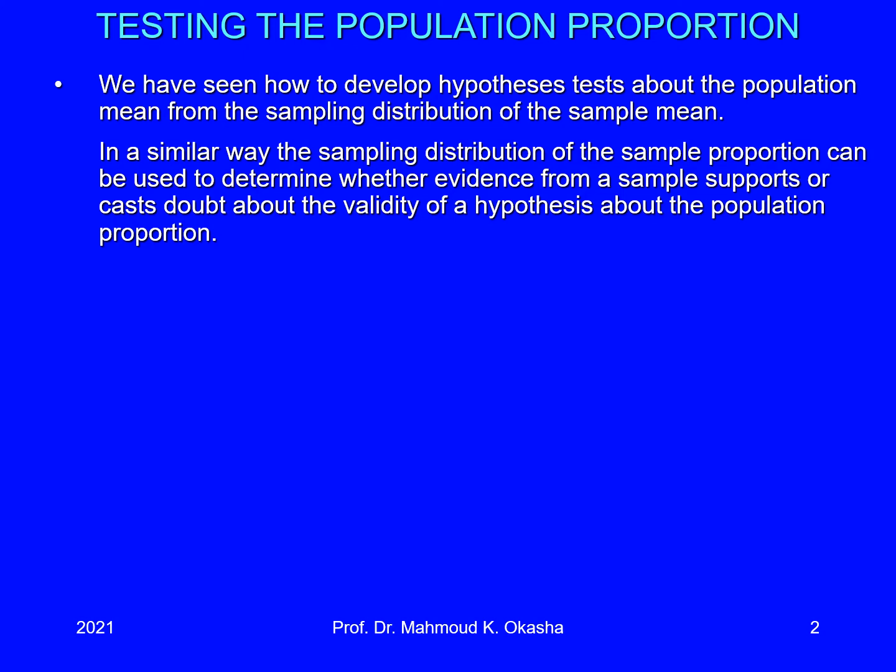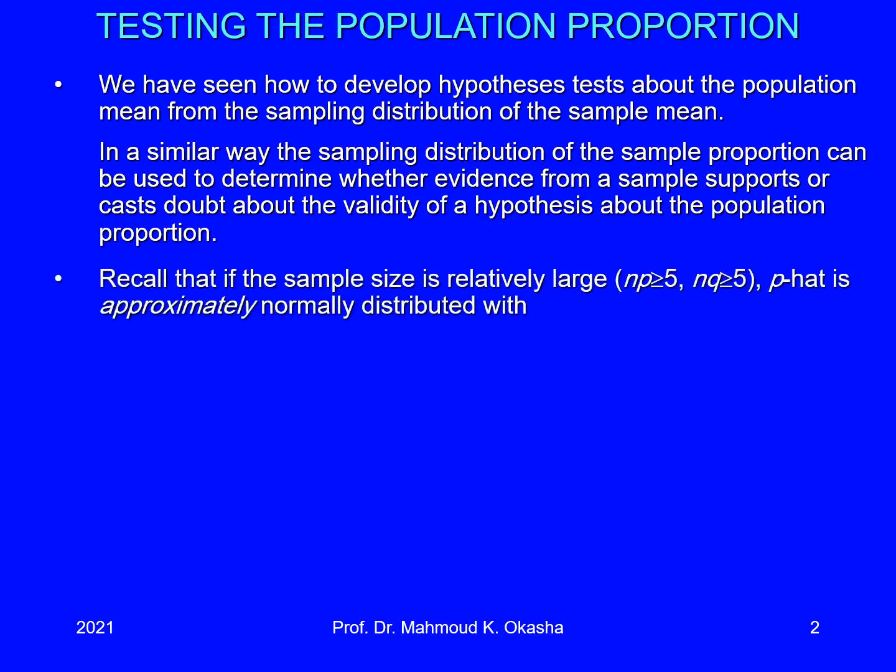We have discussed in the first topic the sampling distribution of the sample mean and the sample proportion, and we know very well what the sampling distribution of the sample proportion is. Now, we are going to use this sampling distribution to discuss hypothesis testing for the population proportion using the sample proportion and its sampling distribution.